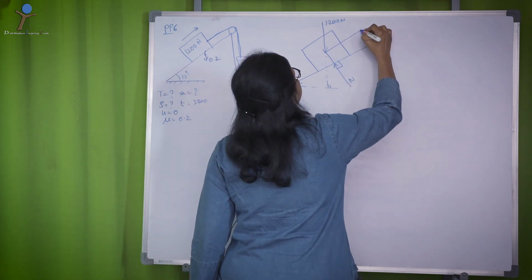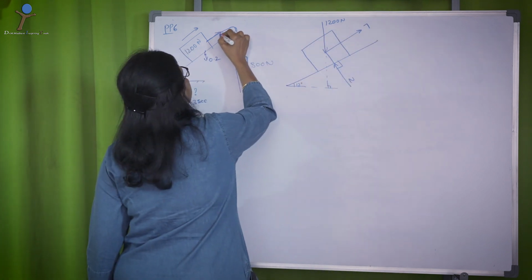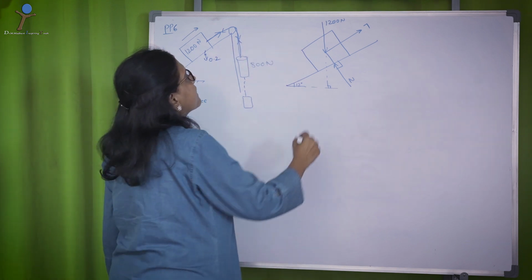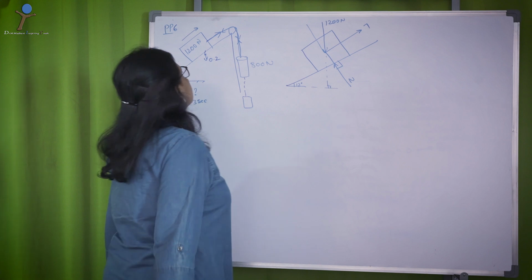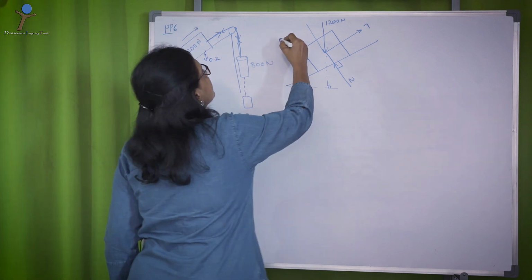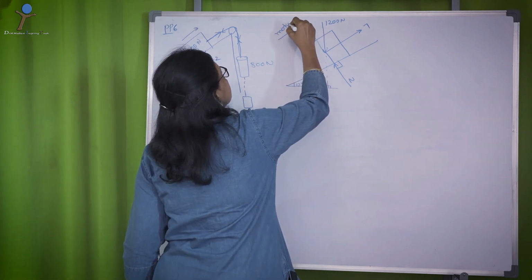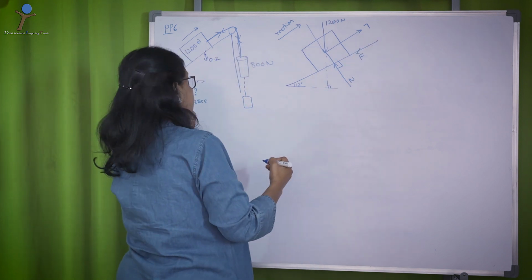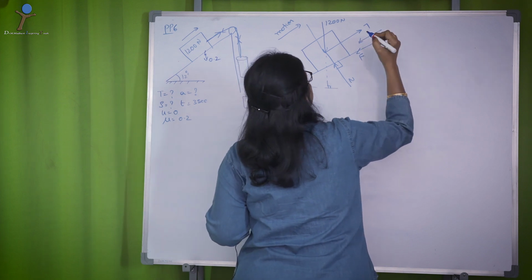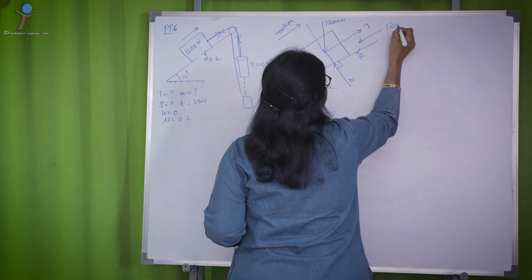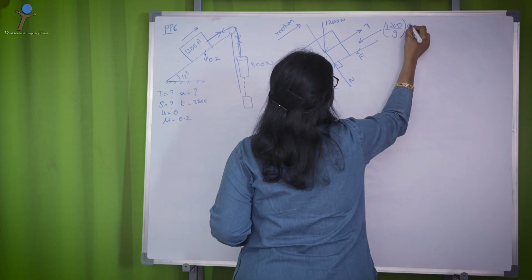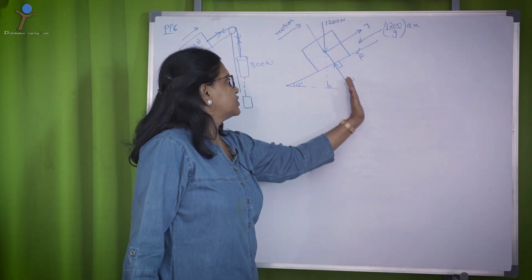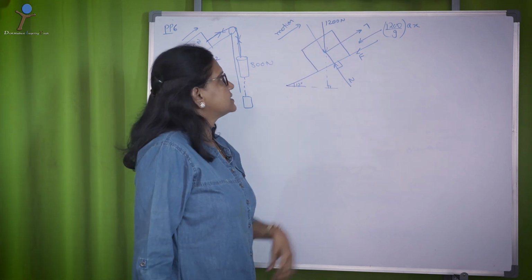There is a tension in the string. Then the body is in motion in upward direction, so there is a frictional resistance F and inertia force, that is 1200 by g into Ax. I consider this as X, because in Y there is no motion, there is only motion in X direction.